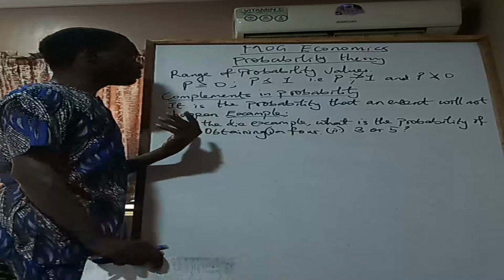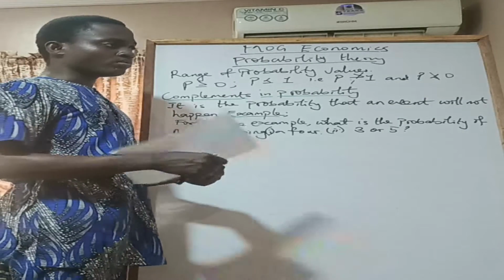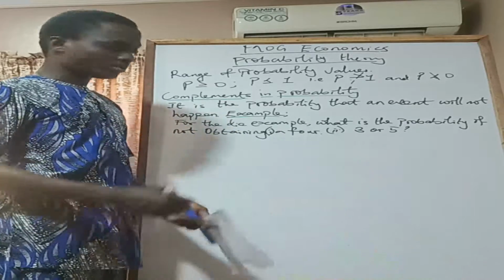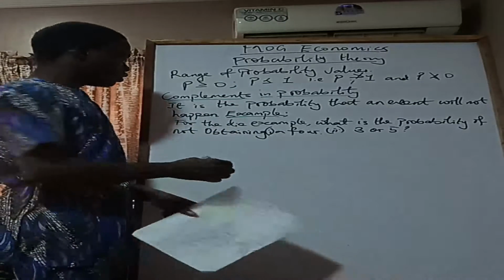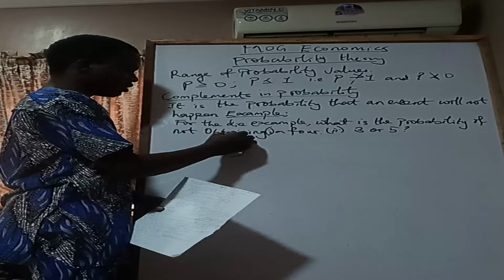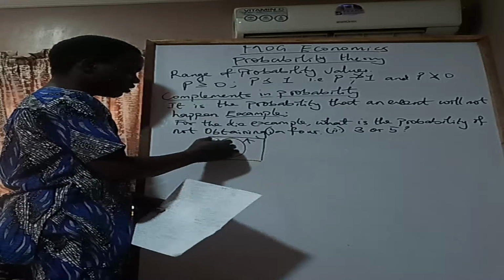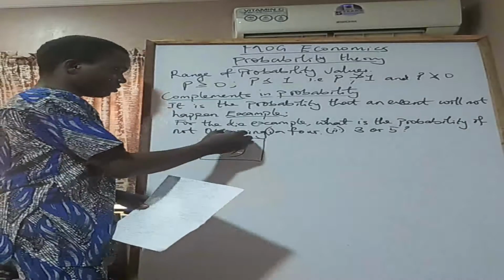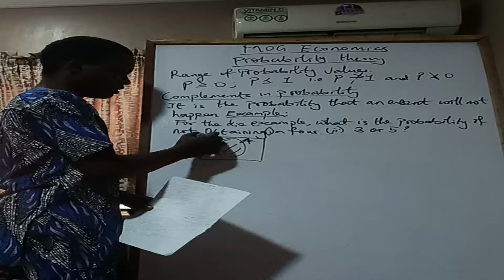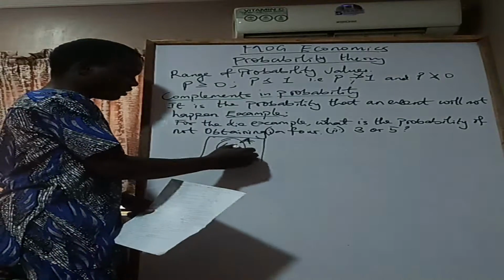The next one is complementary probability. If you remember complement in Venn diagrams, let's say you have this circle representing A. This circle is all about what is in A. Now the remaining space inside this square is the A complement.